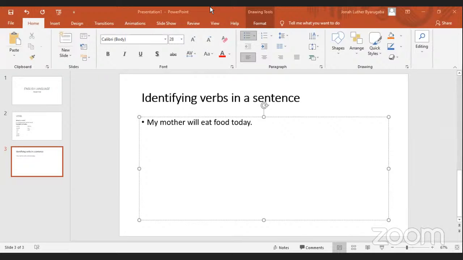Kyra, are you part of us? Can you hear us? Yes. Then you send your answer by typing in the chat. Do you know how to answer by typing in your chat?